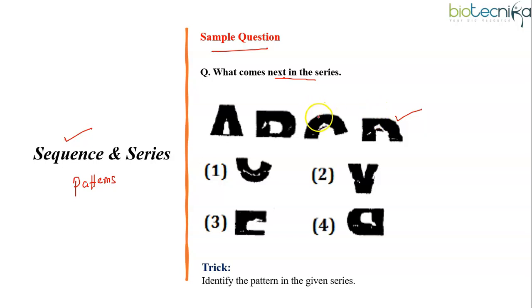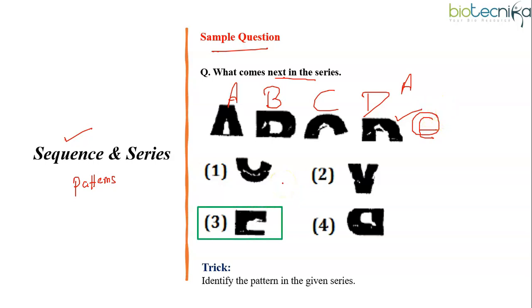If you look at the given picture carefully, the given picture sequence is the upper part of letters A, B, C and D. Thus the next picture in the sequence should be of the upper part of letter E, which is given in option 3. And therefore the answer here is option 3.